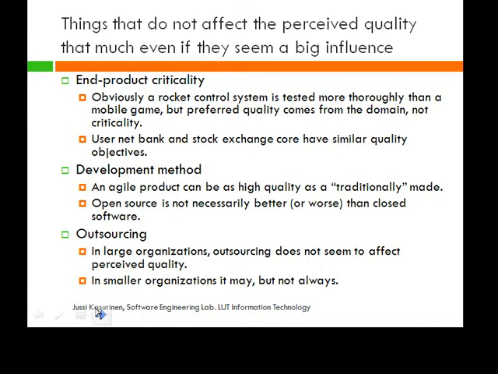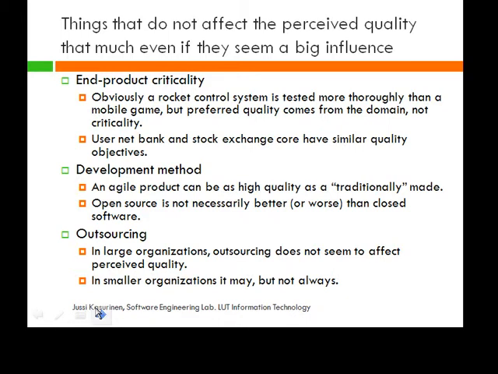Meaning that the netbank and stock exchange core have similar quality objectives based on the characteristics. The quality characteristics stay the same, whether the end product criticality rises or is lower. It doesn't affect the important quality characteristics that much.